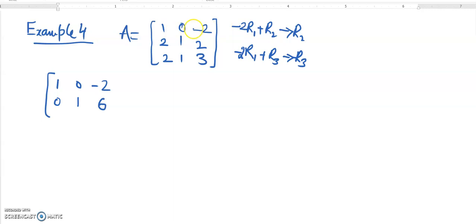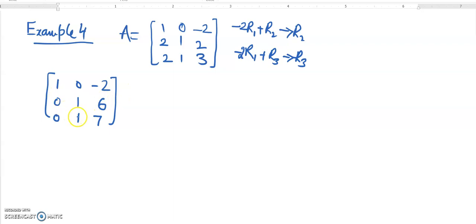It is minus 2, so it will be plus 4 plus 2 is 6, and next it will be 0 1 and then 4 plus 3 is 7.